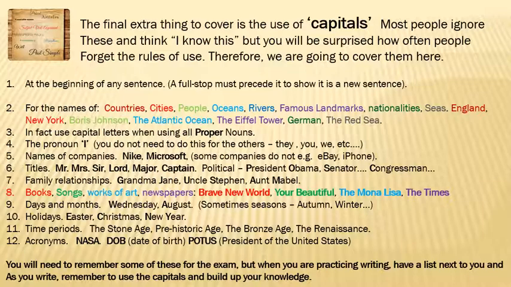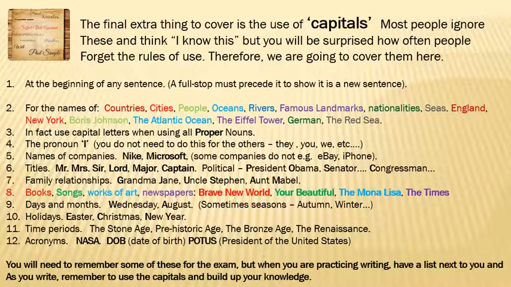So, names of countries, cities, oceans, rivers, famous landmarks, nationalities, seas. England, country; New York, city; Boris Johnson, that's the Prime Minister of England, a person; the Atlantic Ocean, ocean; the Eiffel Tower in Paris.